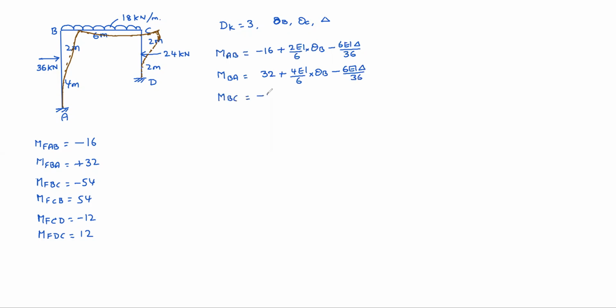MBC is minus 54 plus 4EI by L into theta B plus 2EI by L into theta C. No delta effect on B, okay?